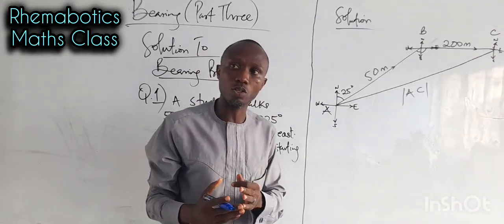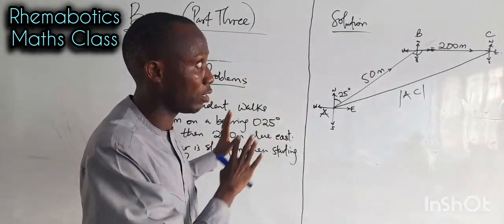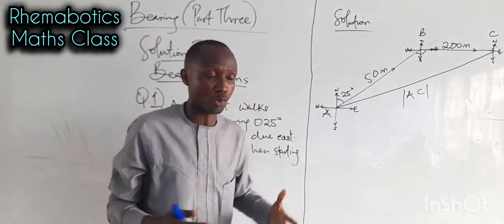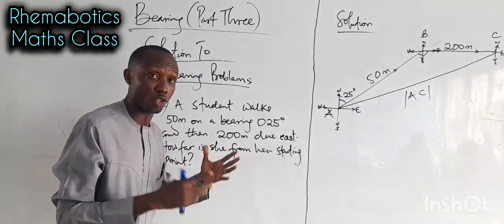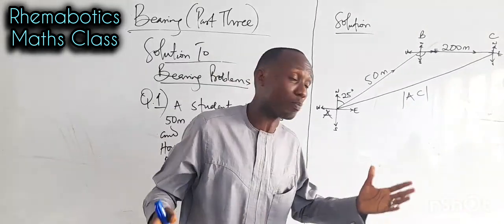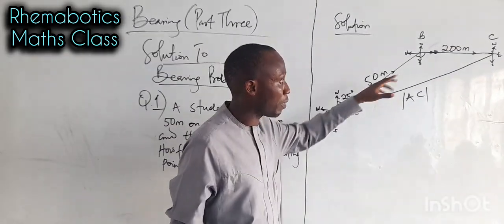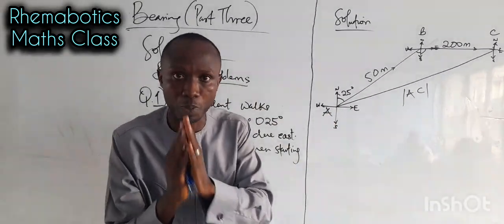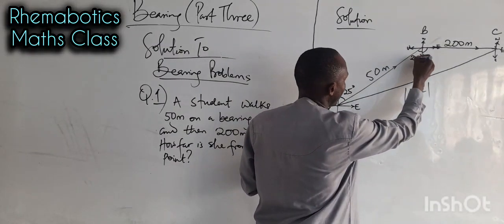And that will give us an idea whether we should use sine rule or cosine rule. In the previous video, I showed you some principles, and I told you we are going to use sine rule in some problems and cosine rule in some other problems. What determines which one we use depends on how the angle is placed.